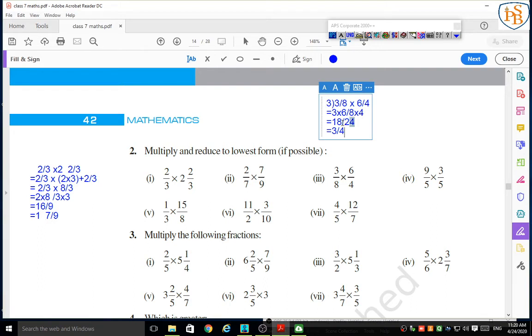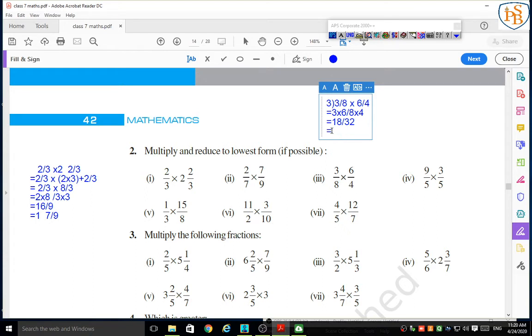But 8 4s is 32. This time I made a mistake here, whichever mistake I am making here, please don't do this. I am saying sorry for that. 8 4s are 32.